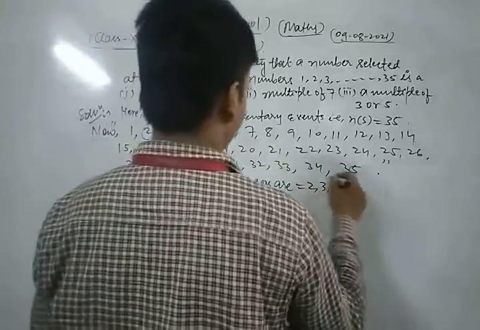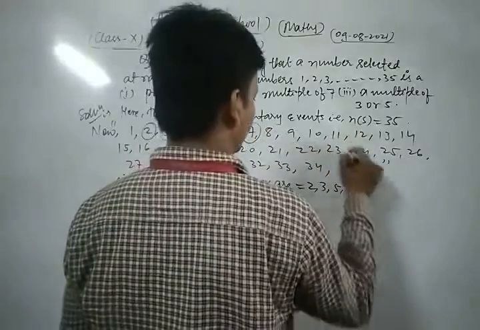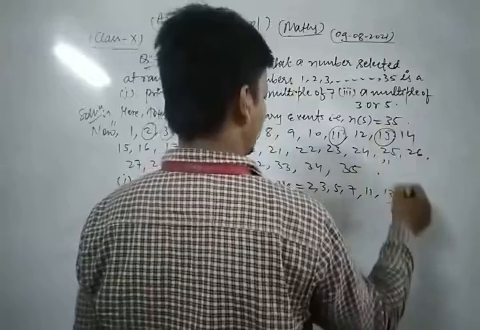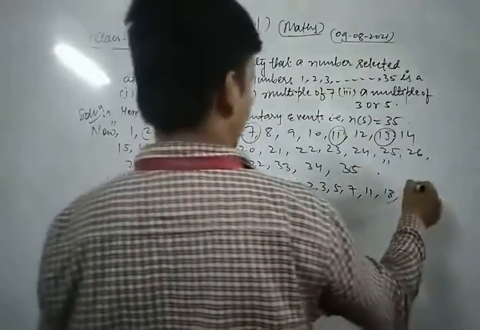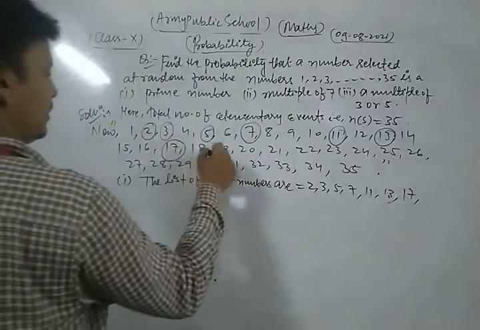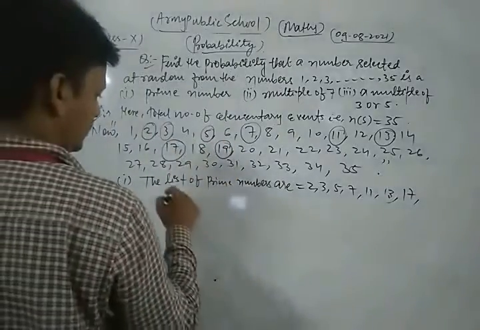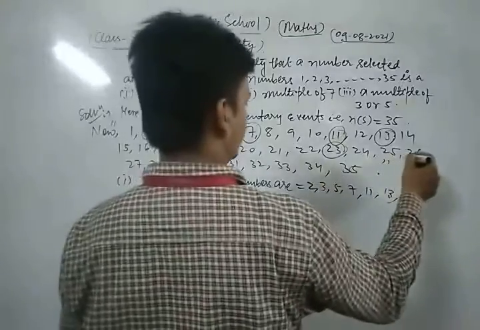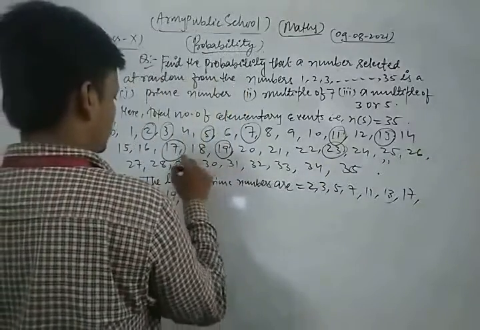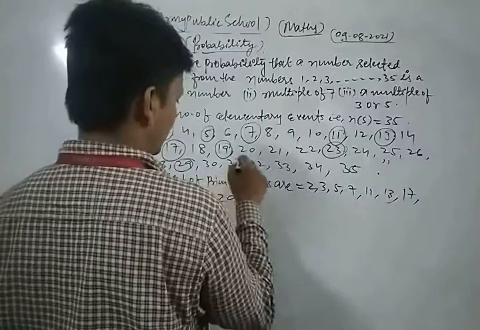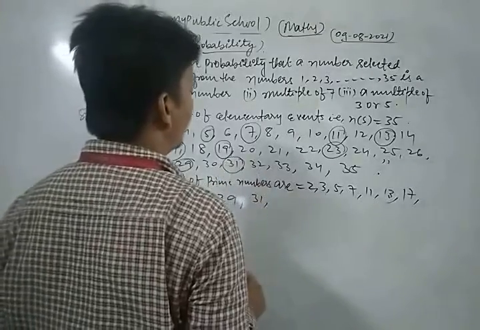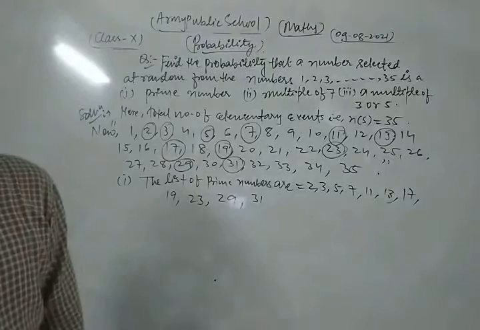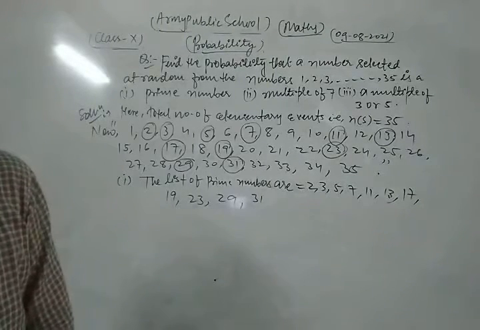5, 7, 11, 13, 17, 19, 23, 29, 31. Okay, so these are the list of prime numbers.